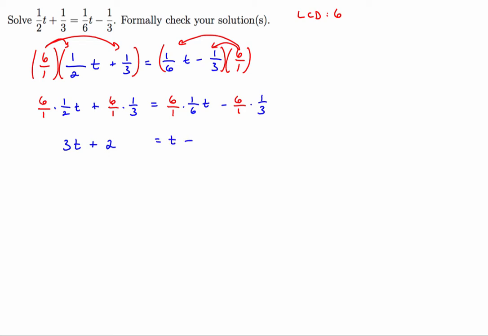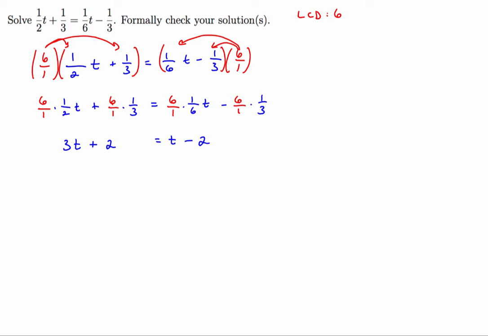And 6/1 times 1/3 is 6/3, which is 2. So by multiplying both sides of the equation by 6, I turned an equation 1/2 t plus 1/3 equals 1/6 t minus 1/3 into the equation 3t plus 2 equals t minus 2. I personally would rather choose to solve an equation that does not have fractions in it over an equation that does. It's not that I can't solve an equation with fractions, it's just that it is more complicated.